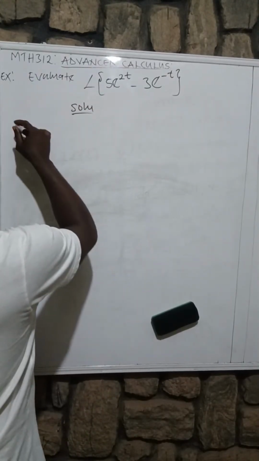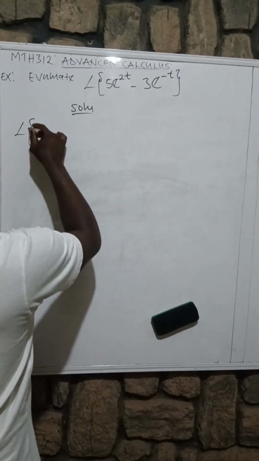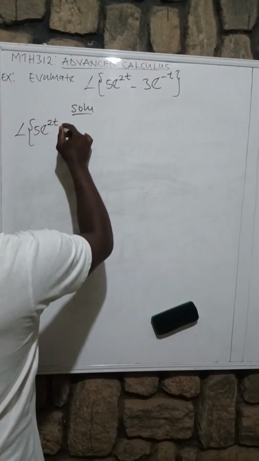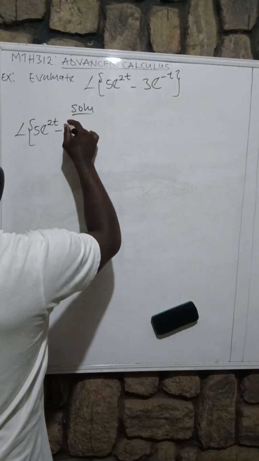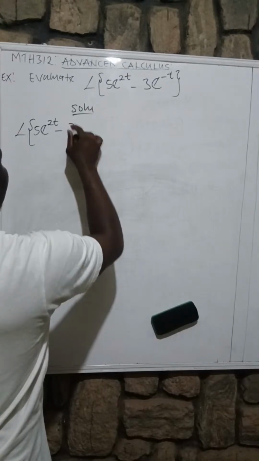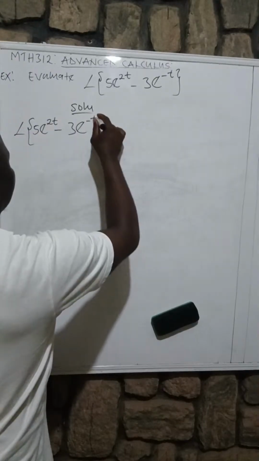Here will be Laplace of 5 exponential 2t, then minus 3 exponential minus t, right?